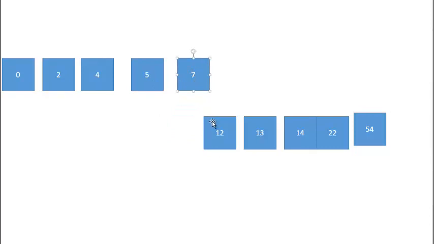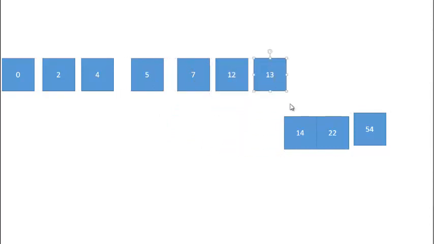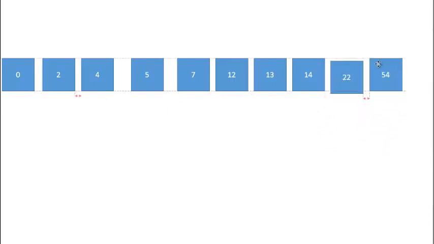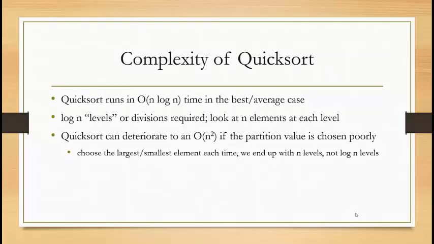So I can add this sorted list now to my partition value 5 and the sorted values that were to the left of it. And magically, if I've done this correctly, we end up with a sorted list having been sorted using the quicksort algorithm.